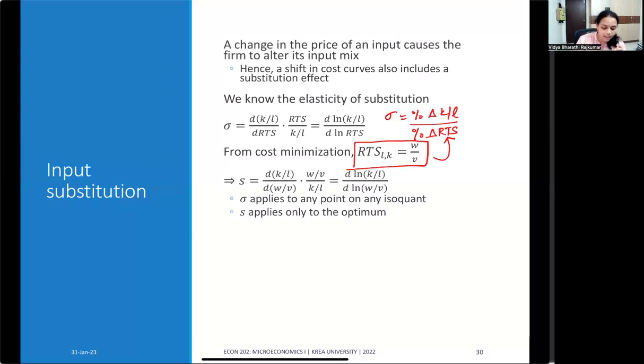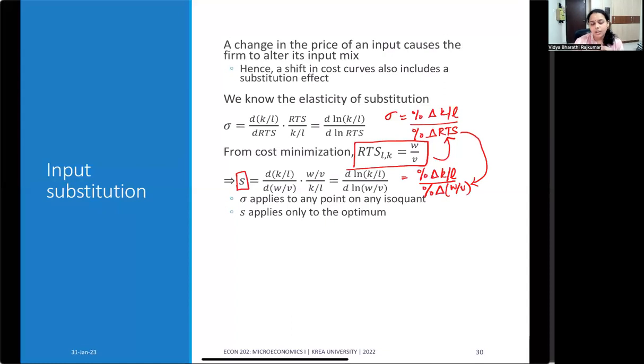We now write down something called S, which is the percentage change in K by L divided by the percentage change in the price ratio of inputs. So in place of RTS, all I've done is substitute the change in the W over V ratio.